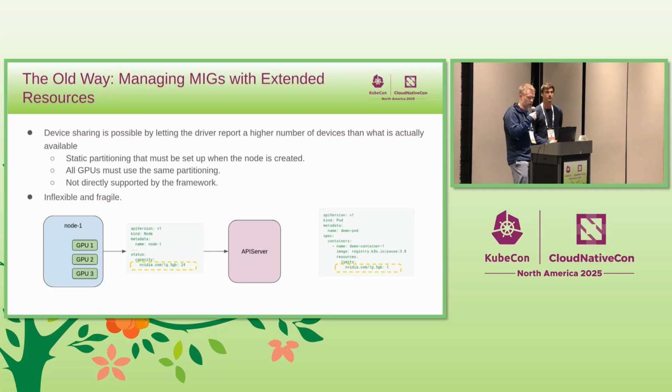And typically that also requires that all GPUs must use the same partitioning. This is inflexible and fragile. So in the example here, instead of reporting 3 GPUs, now it says we have 24. And the pod that comes in requests 1, and instead of getting 1 full GPU, it actually gets 1/8 of a GPU.